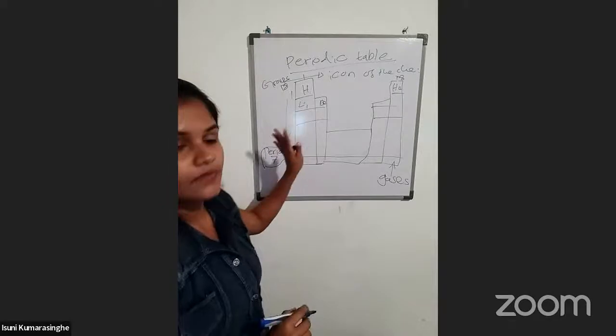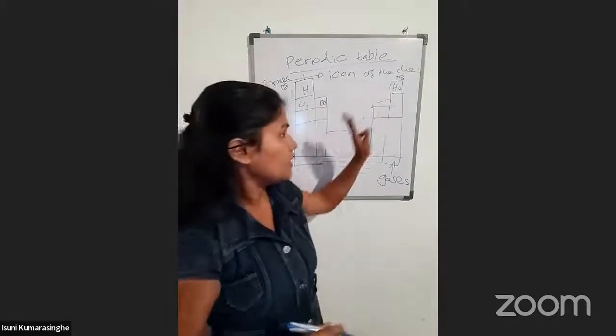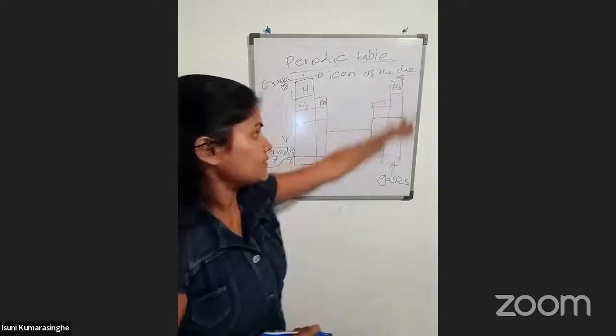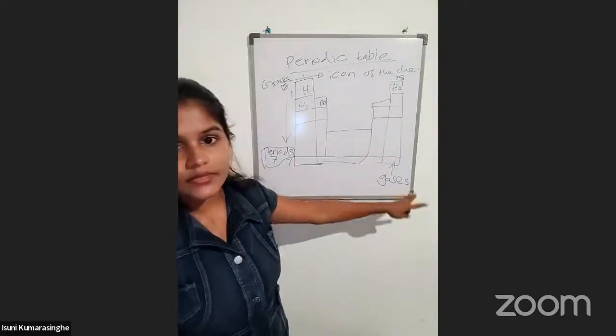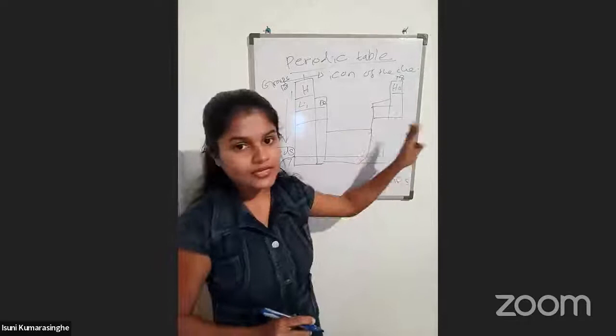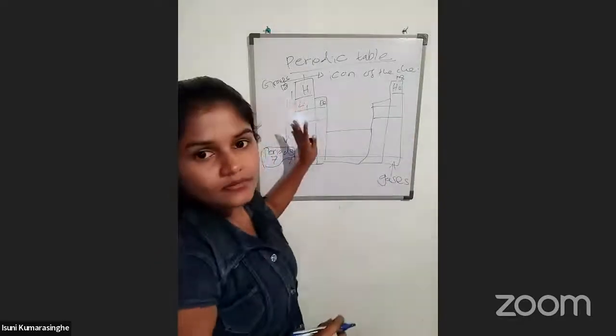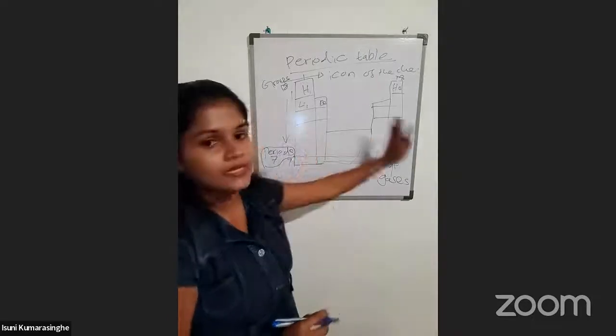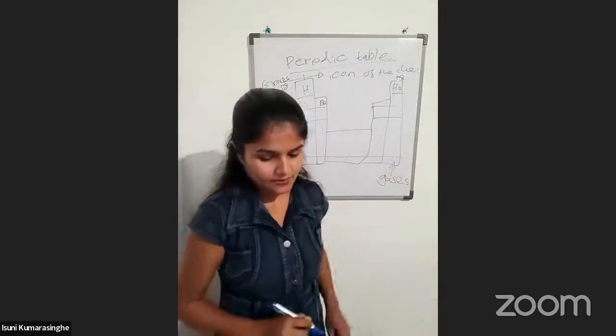Likewise, these are metals. When you go to the left side, this corner, you can identify metals. This side, normally, we can find metal type elements. Here, gas type elements.